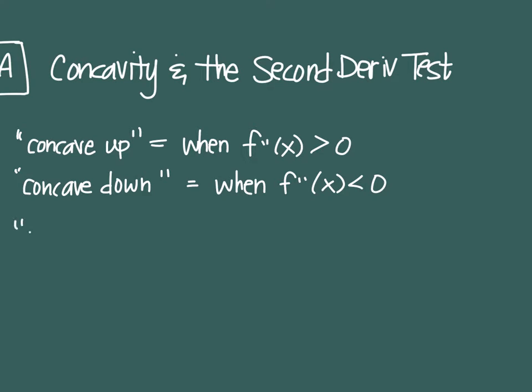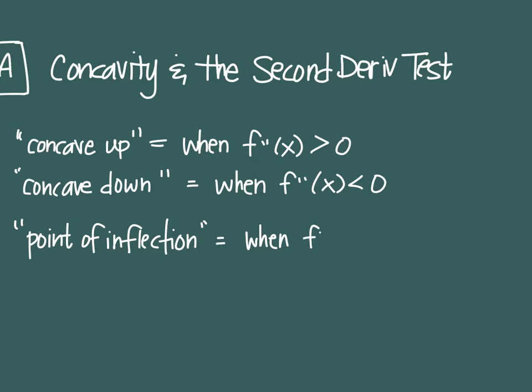And then we have that point of inflection. And the point of inflection is two things. It is when f double prime of x, well, the only option I haven't covered is what? Equal to 0, but also one that's commonly forgotten is undefined again.